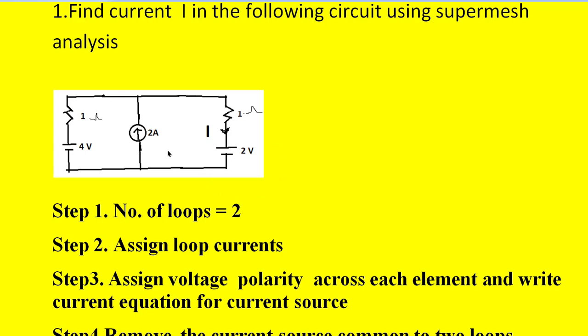If you look at this diagram, in the middle branch, we do not know the voltage drop across it. Since we do not know the voltage drop, we cannot use the ordinary KVL for this circuit. So we have to use a special method called the super mesh method to solve this problem.